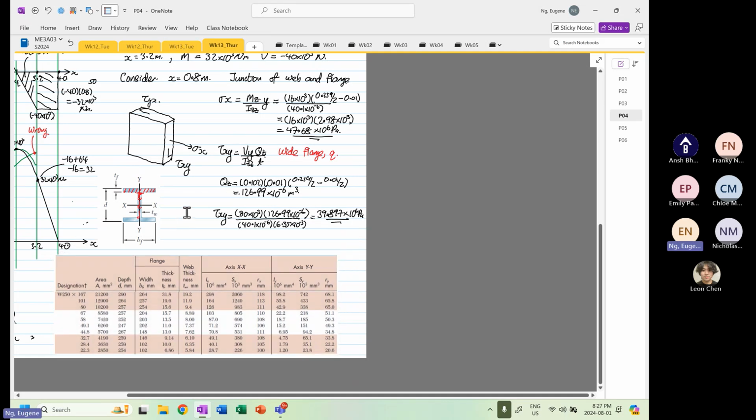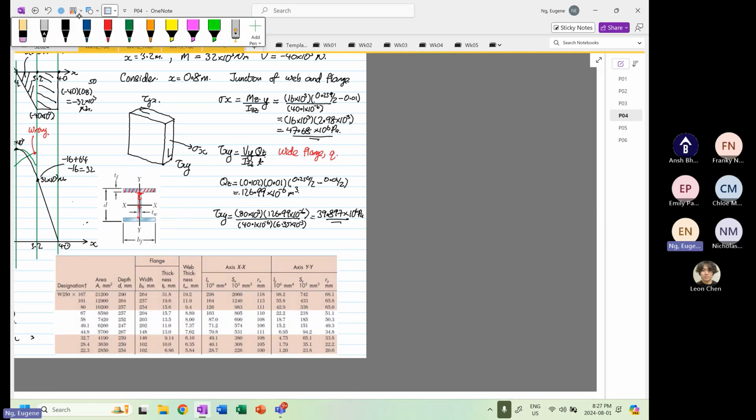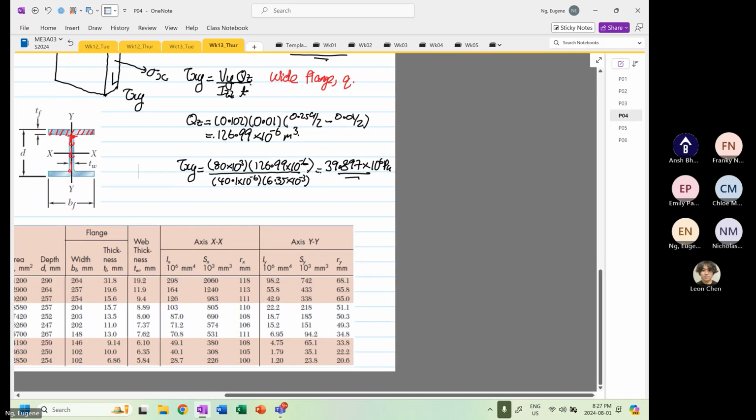Okay, we should calculate. Let me elaborate what I mean. I think we have to. So this is equal to 80 times 10 to the power 3.